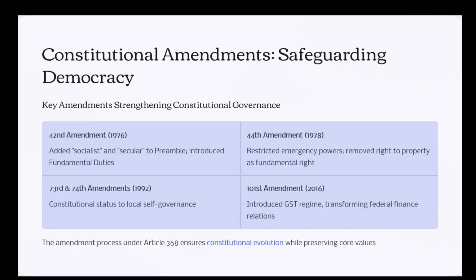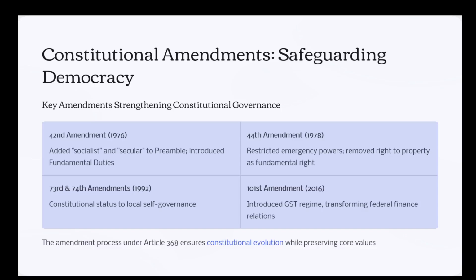So constitutional amendments safeguarding democracy. Key amendments strengthening constitutional governance. The 42nd Amendment, 1976, added socialist and secular to the Preamble and introduced the Fundamental Duties. Then the 44th Amendment, 1978, restricted emergency power and removed the right to property as a fundamental right.